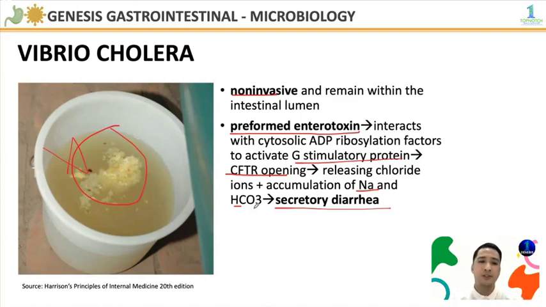So remember also that in the management of Vibrio cholera, one of the antibiotics that you can give is oral tetracycline and doxycycline that will reduce the output in cholera and will shorten the period of excretion of the Vibrio.